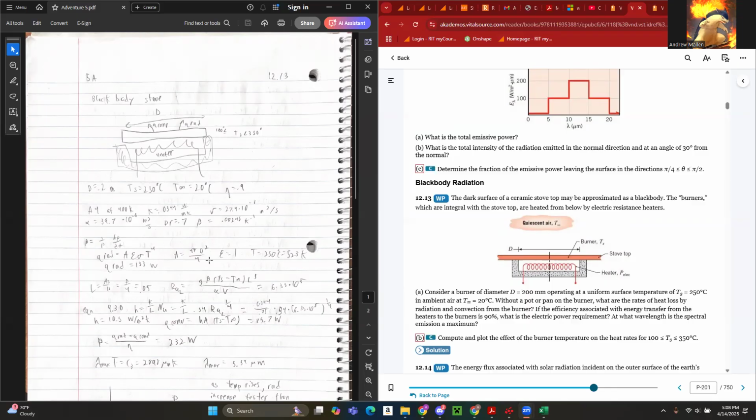expansion coefficient, which is just equal to 1 over the density times the density at T infinity minus the hot density over the change in T, using the surrounding temperature and the max temperature. This will give us a value of 0.00245 per Kelvin.